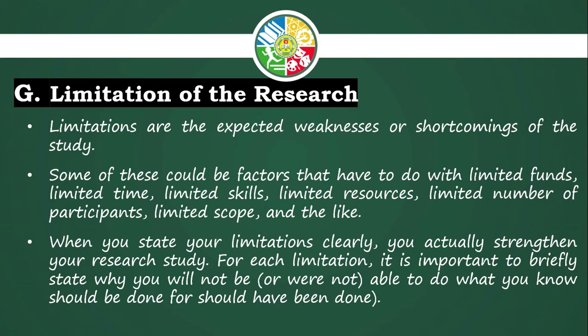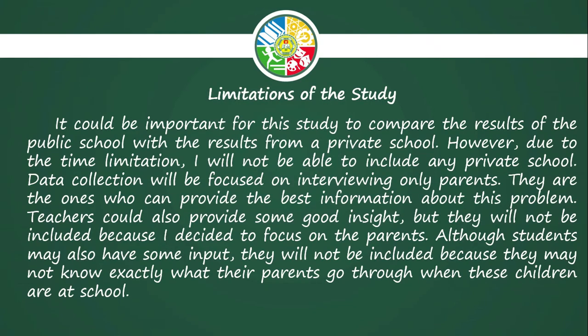To make things clearer, let's look at this example. Limitation of the study. It could be important for this study to compare the results of the public school with the results from a private school.